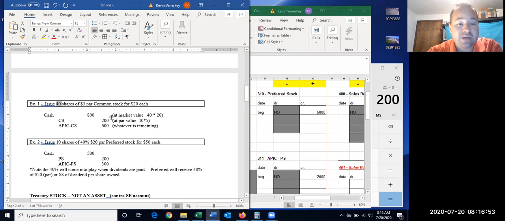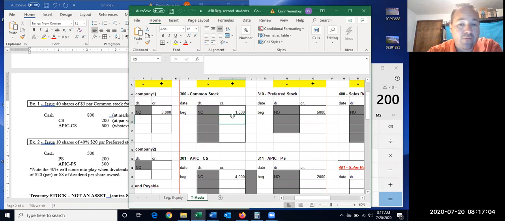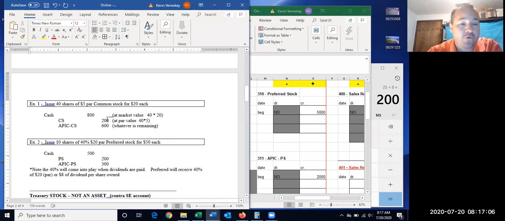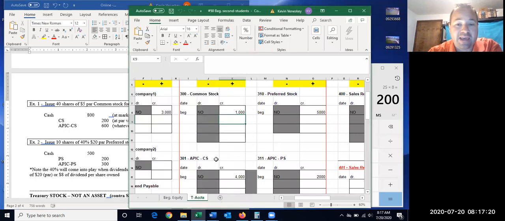So when you take 40 times 20, the company is getting $800. And how we record that stock is, in the common stock we would put 200, because the 200 comes from the number of shares times just the par value. And then whatever's left to make your debits equal your credits goes into the additional paid in capital.